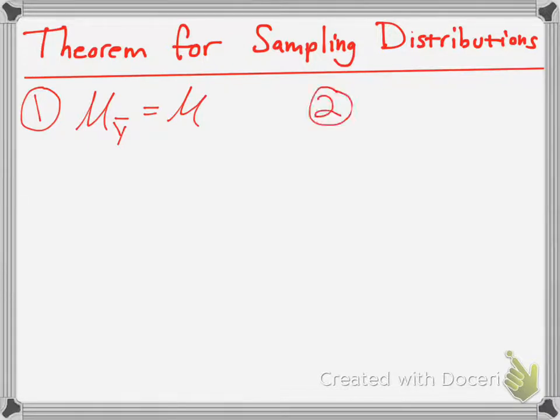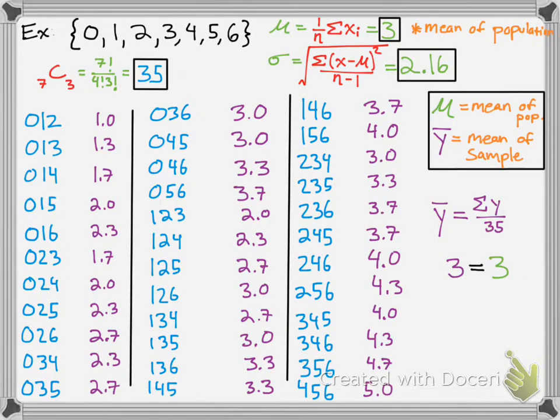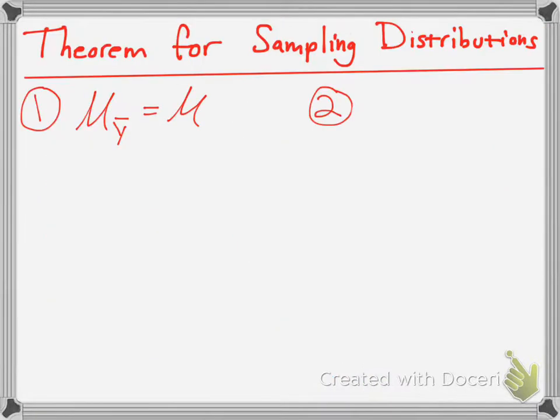Remember, if they have the same mean like they did over here, where the 3 is equal to 3, that's a good representation. You also want to make sure, and I'll just touch on it for the sake of time, that the standard error, or the standard deviation of the sample mean, is equal to the standard deviation over the square root of the sample size.